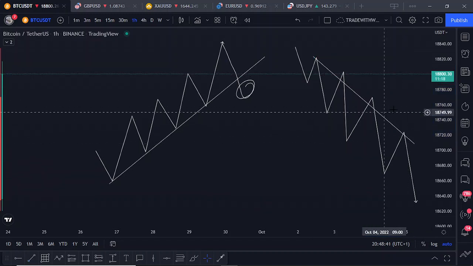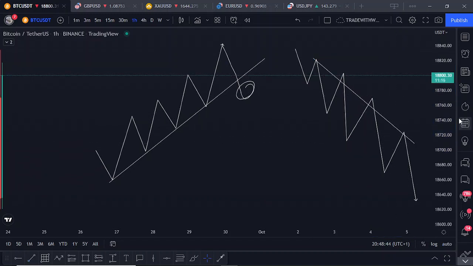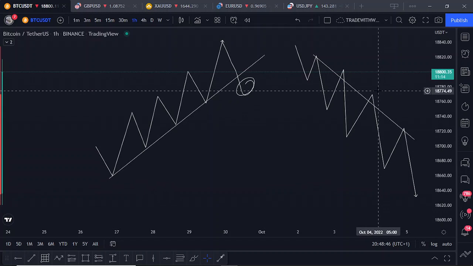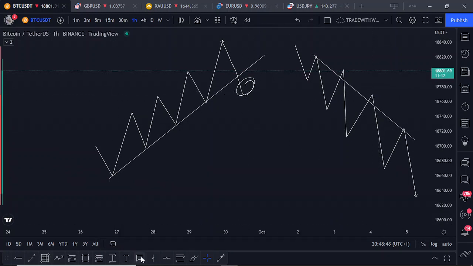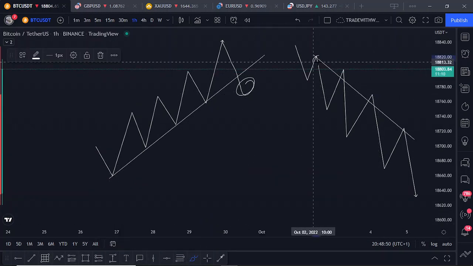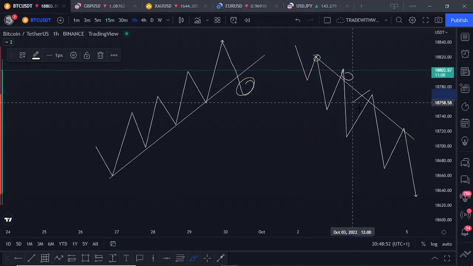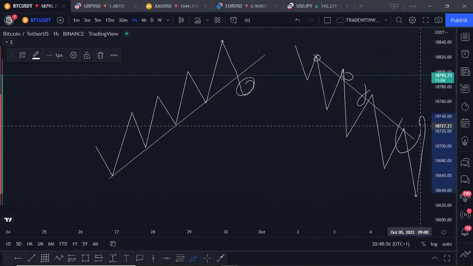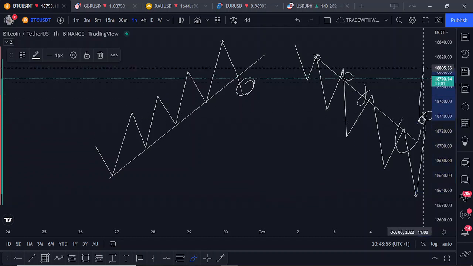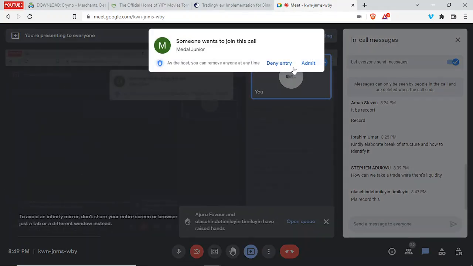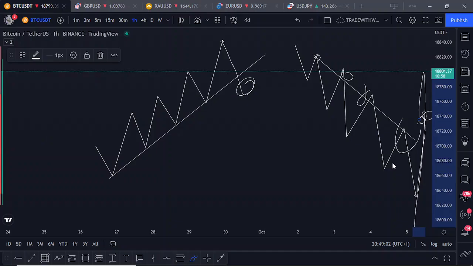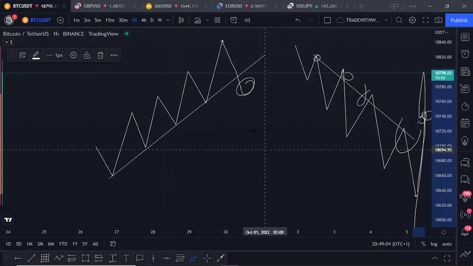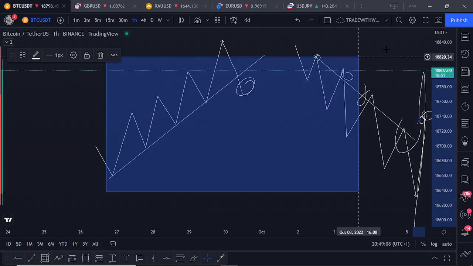So that's like resistance liquidity, and then we believe that this is creating resistance, and then people are selling from there, and then when market wants to go back, to grab the liquidity either to the upside or to the downside. You get the ideology now. So that is how to identify liquidity in a trending market.